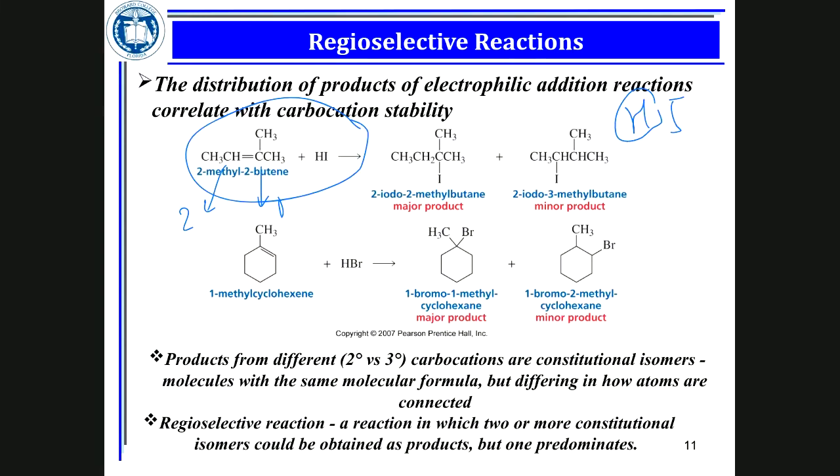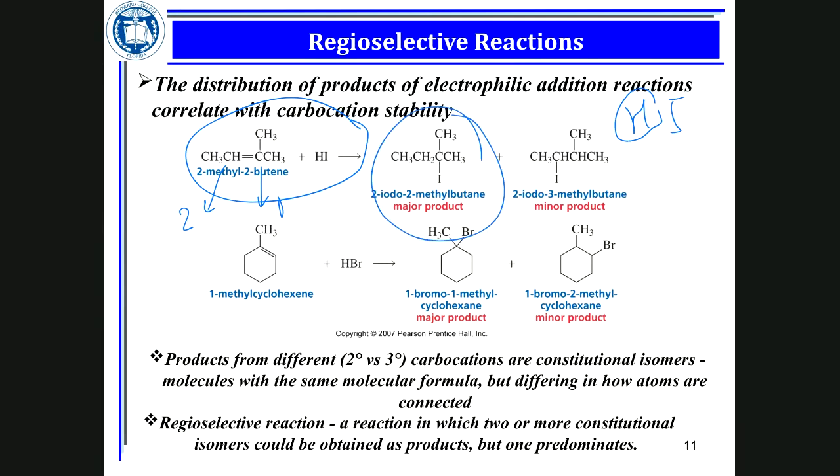If carbon 1 takes the H plus, carbon 2 would change to a carbocation, and that is a secondary carbocation. If carbon 2 takes the H plus, then carbon 1 takes the plus charge and changes to a carbocation, which is tertiary. The more stable one is the one that forms the tertiary carbocation, and that would yield the major product.